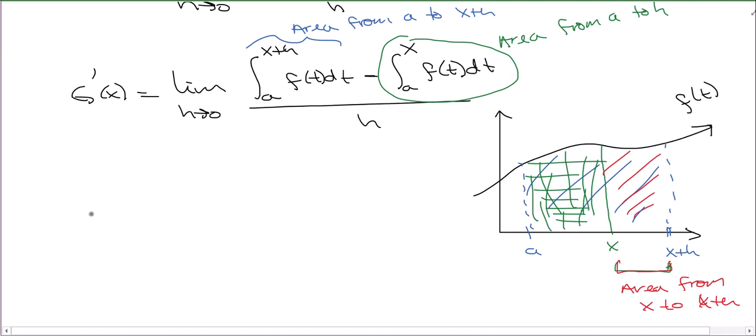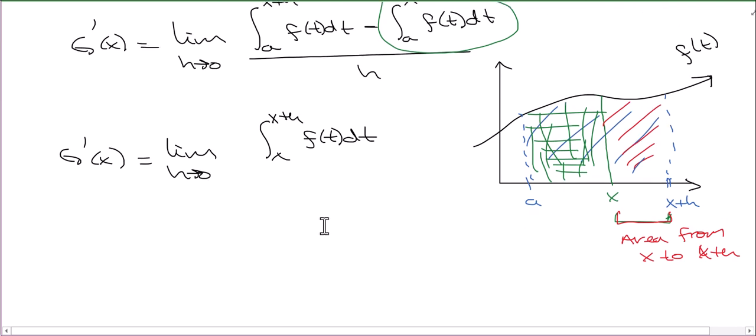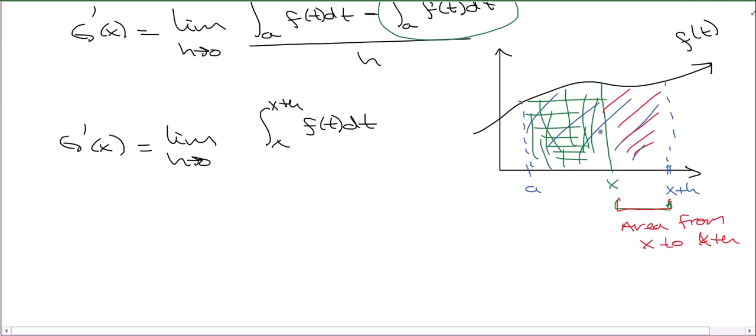So we can write that in our definition then. This is the limit as h goes to 0 of, how do I represent the area from x to x plus h? That's just the integral from x to x plus h of f of t dt. But remember, I drew it kind of large, so let me see if I can adjust that, because h technically is supposed to be really small.